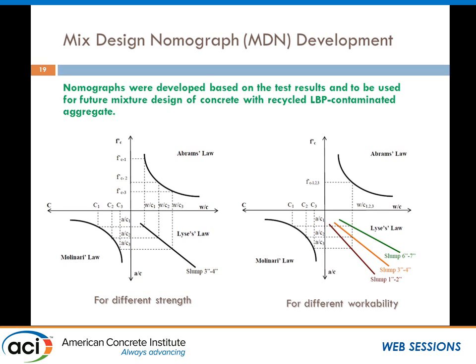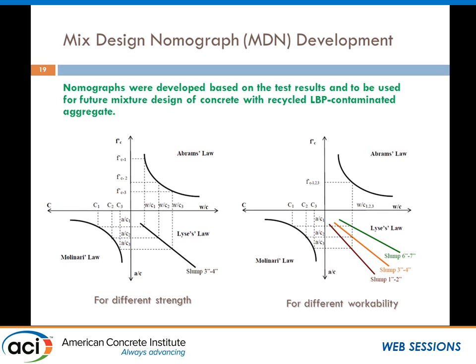So how can you use this? Basically, if you want to design for different strengths, say, for example, 6,000 psi, you go right, maybe with this line, you go down, and you determine your water cement ratio. After that, you go further down, and depending on the slump, you can determine your aggregate cement ratio, and further left, you determine your cement content.